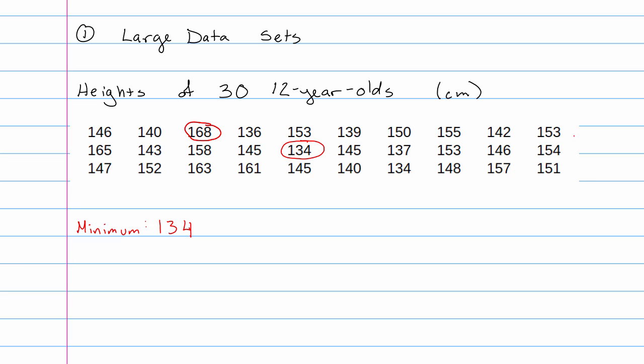Is there anything more than 168? No. So the numbers that might show up here are the numbers from 134 to 168. So that's 168 minus 134 plus 1. This will give us a count of how many different numbers might show up here.